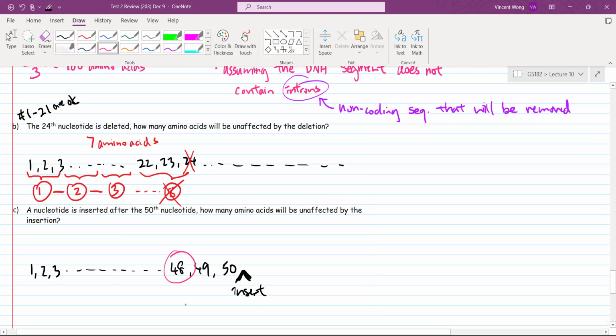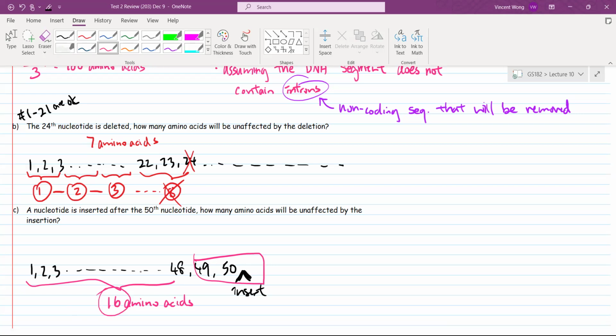Okay, this is the closest number that's divisible by 3. From here, 48 divided by 3 is 16 amino acids. This was supposed to be the next triplet, but then you insert something which makes it wrong. So the correct answer is 16 amino acids. Okay, that's all.